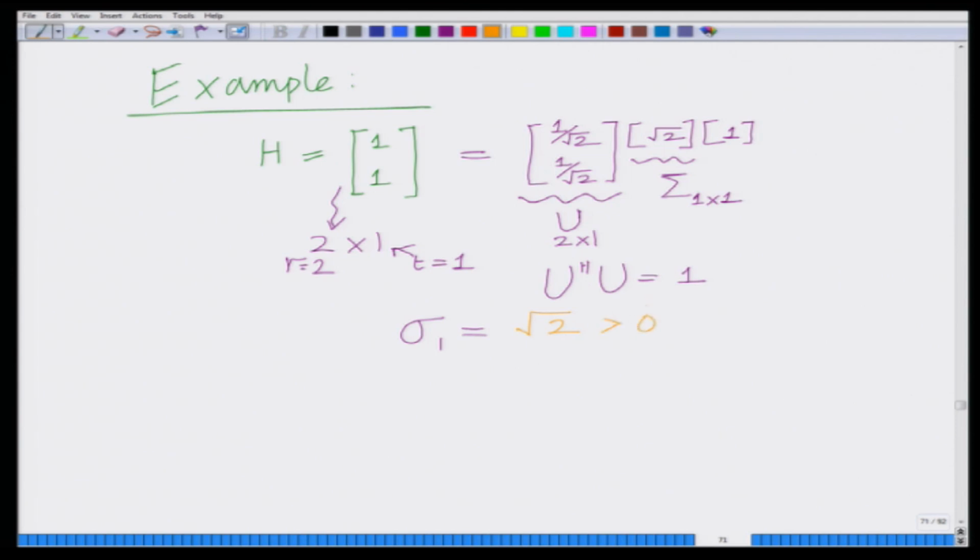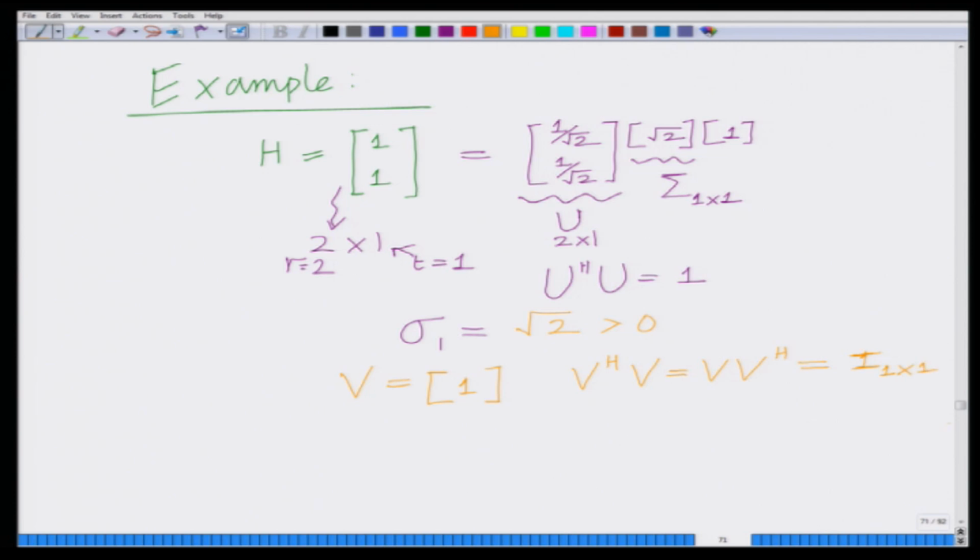My matrix V is simply the trivial matrix containing 1, and therefore V Hermitian V equals V V Hermitian equals the 1 cross 1 identity, which is equal to 1.